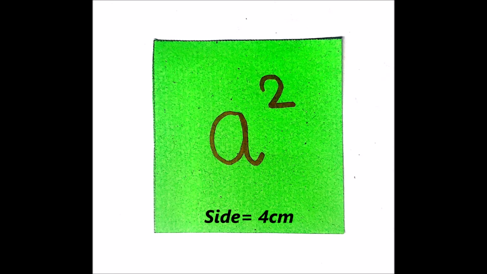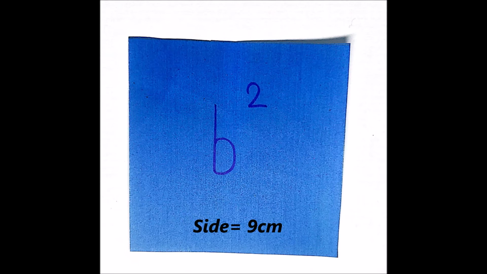As we have taken a as 4 units, so to represent 4 square, we will take a square of side 4 cm, which will represent a square. Now we have taken b as 9 units, so to represent 9 square, we will take a square of side 9 cm, which will represent b square.